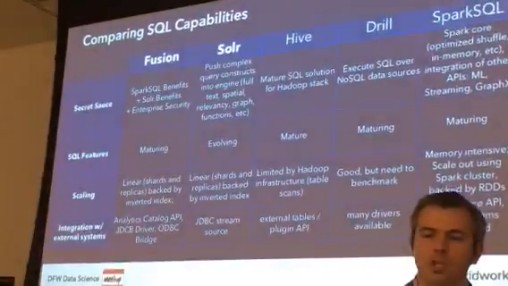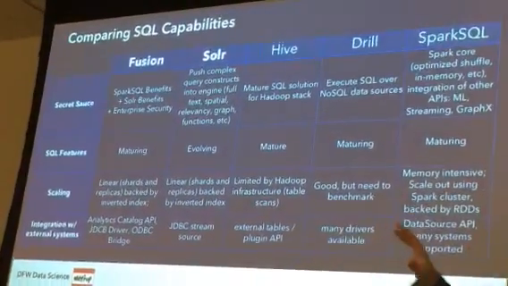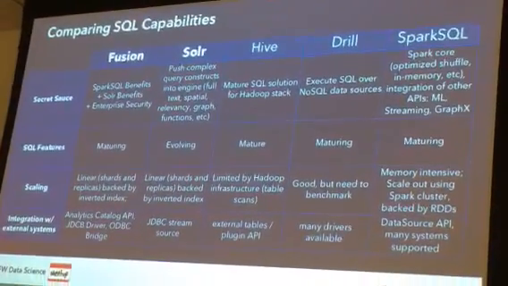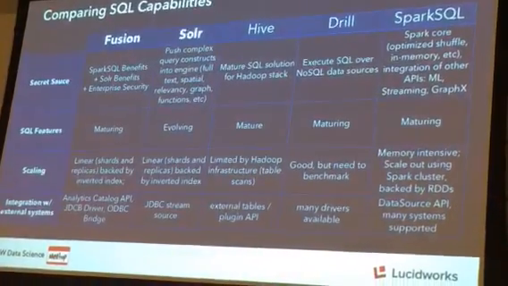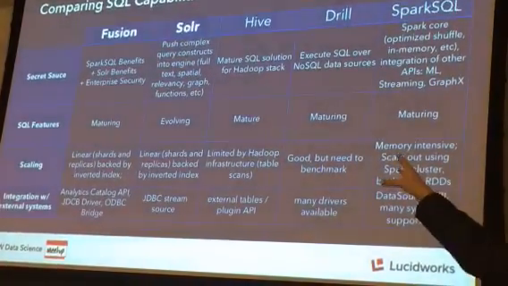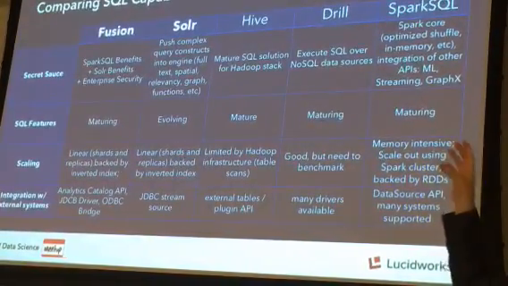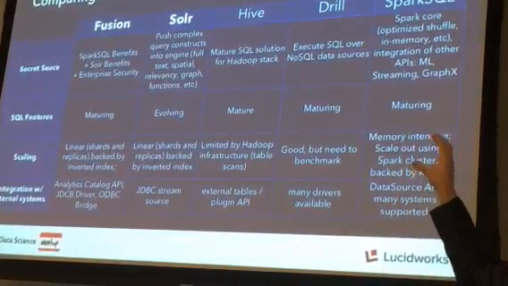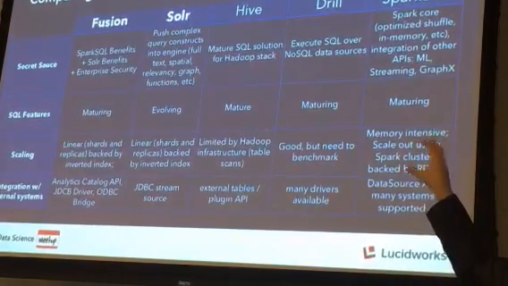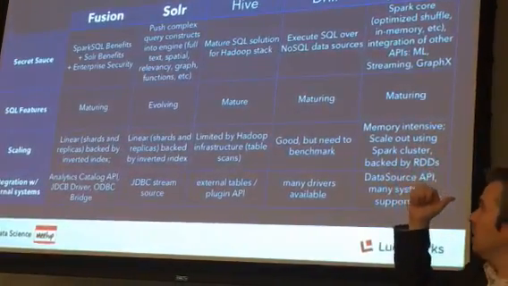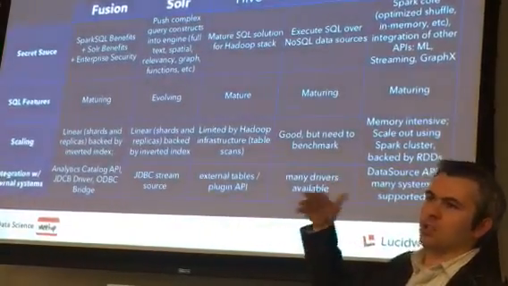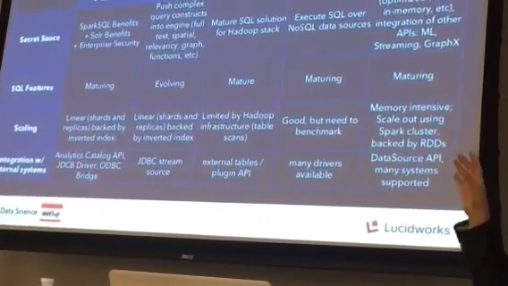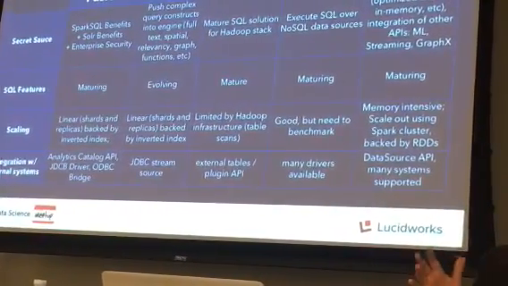Okay, so that's the Spark Solr project we talked about. And just really quickly comparing capabilities. There's a bunch of different SQL engines out there in the NoSQL and big data space. Solr, as we just talked about, allows you to push complex query constructs into the engine. So full text, geospatial, relevancy, graph, functions, those kinds of things. The SQL features are evolving. They're not mature yet.